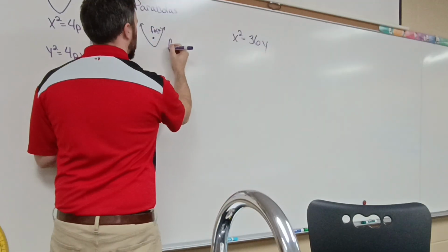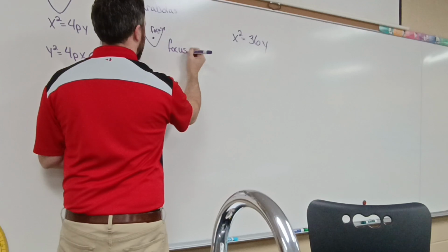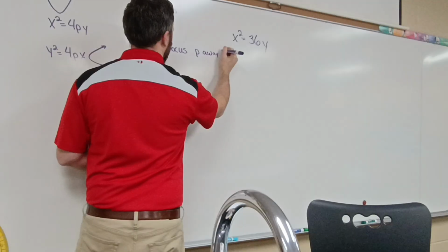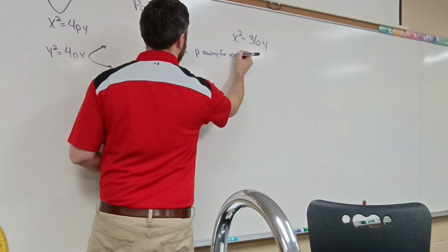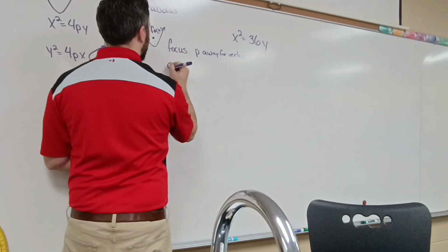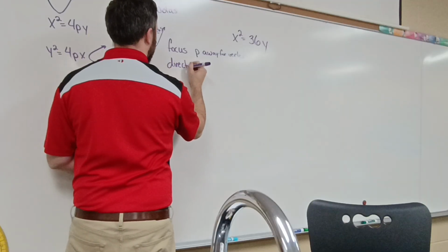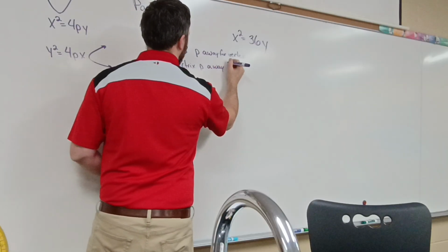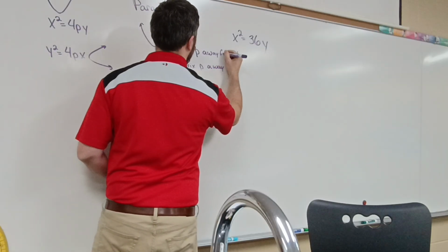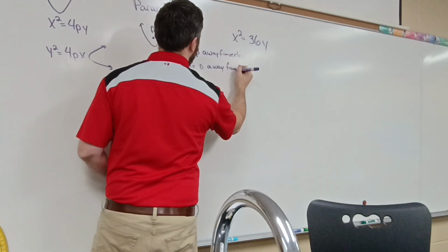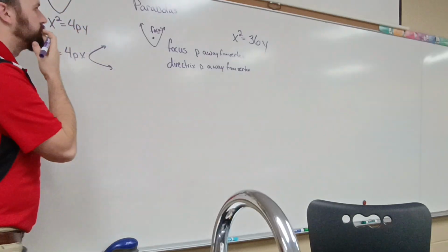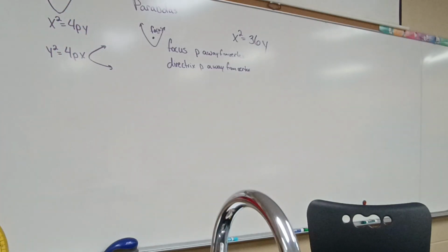Now our focus is p away from vertex, and our directrix is p away from vertex. This is all on that one sheet as well. So basically, once I find p, I know everything I need to know on this piece. Once I find p.